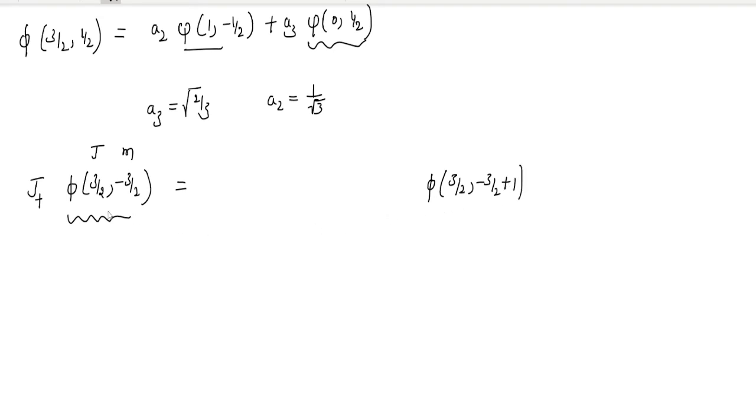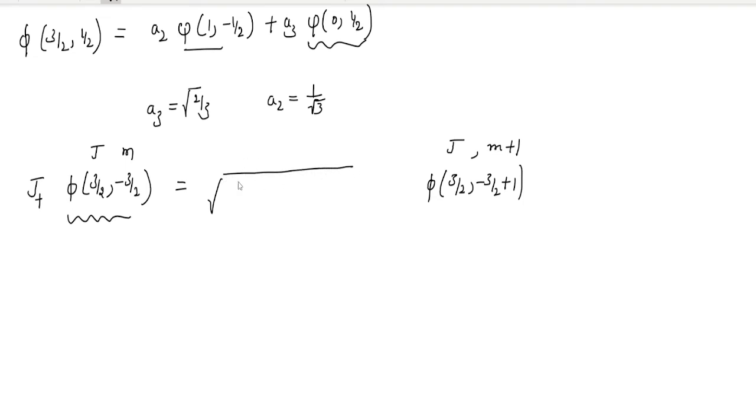After applying the j plus operator on this state, the m state will increase by 1, giving j comma m plus 1, and you can get eigenvalues.